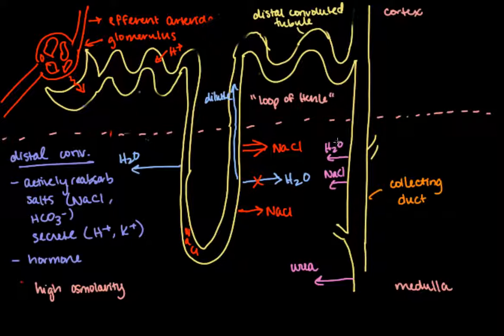Now, as far as the water and the salt, this is also hormone dependent. So it depends on how much water and salt we want to conserve. That is a good overview of a nephron and how filtration happens, and I hope that's been helpful.